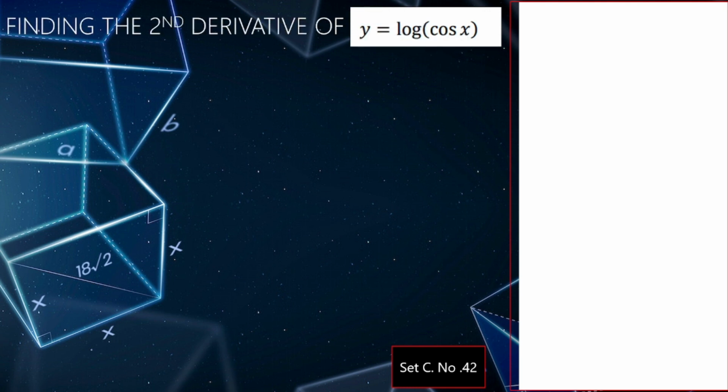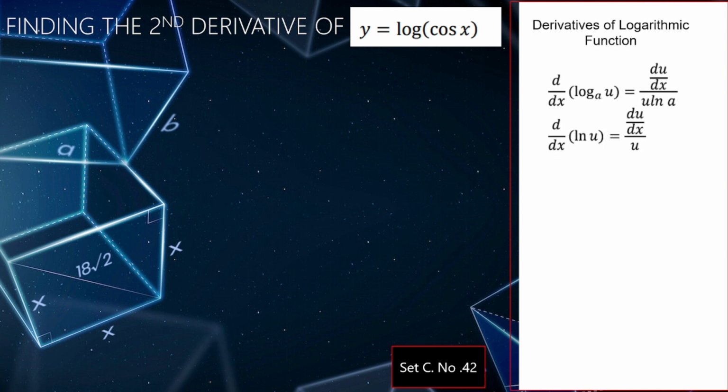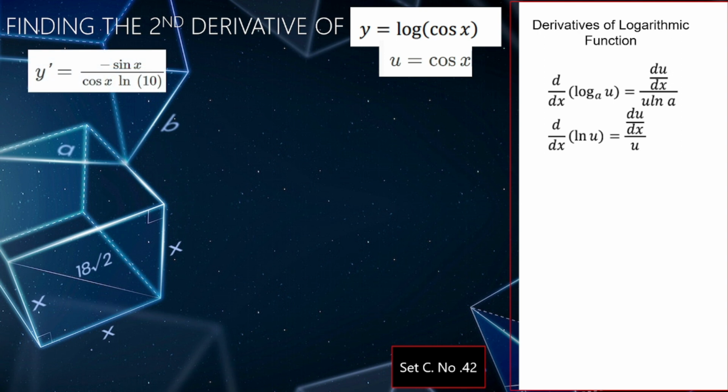Finding the derivative of y is equal to log of cos x. Therefore, we will use the derivatives of logarithmic functions. And our u in this equation is cos x. Then based on the equation that we had, the derivative of log subscript a of u is equal to du over dx, over u ln a.